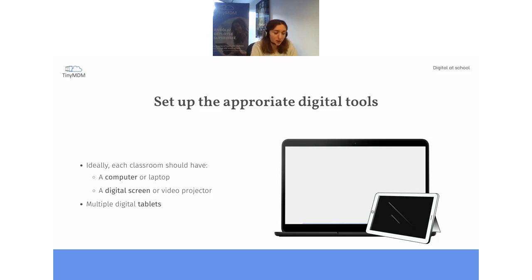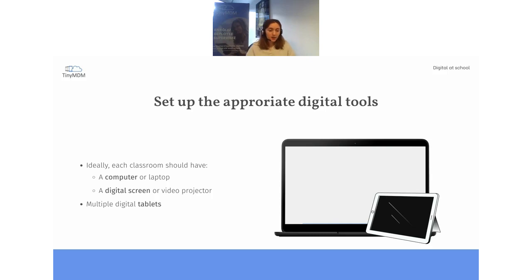As a teacher, you will be able to push all the courses, all the lessons, or the files that you need on the computer, and you will be able to project them on the digital screen, but also to project those files on the tablet of each student.